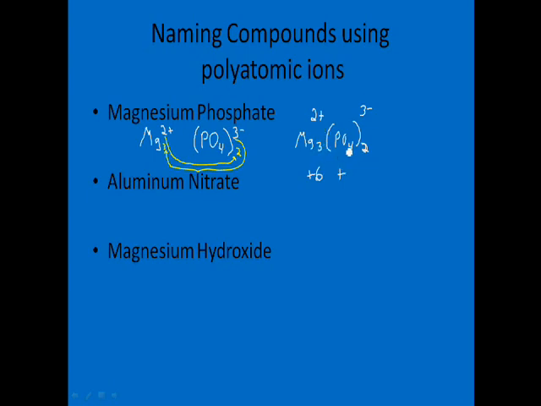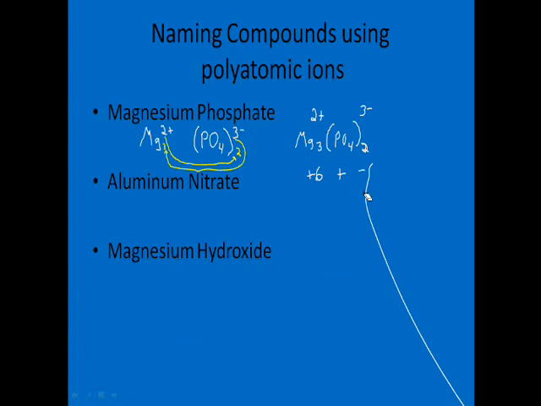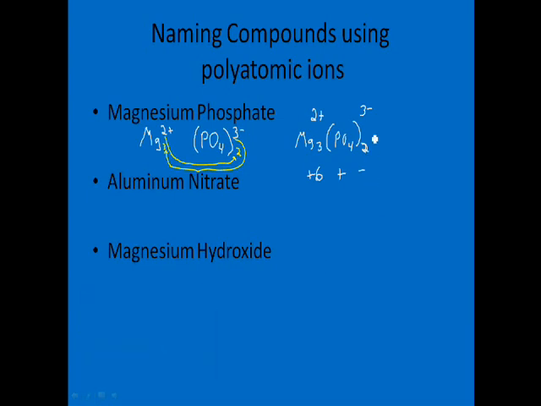I need 2 of those. Two sets of -3 is -6. +6 plus -6 comes out to be 0, which is what we want. So the formula for magnesium phosphate is Mg3(PO4)2. That's magnesium phosphate.